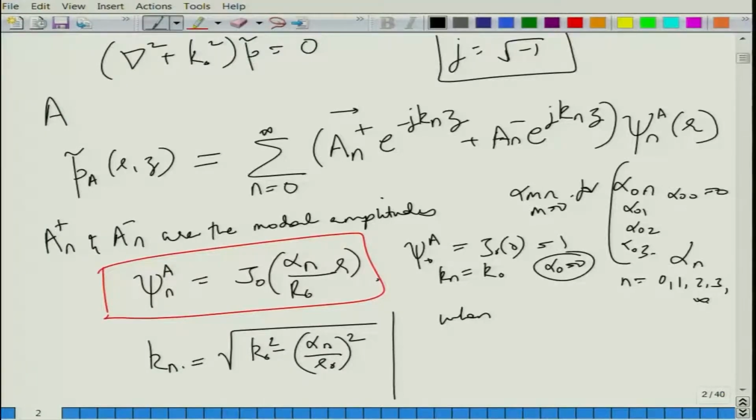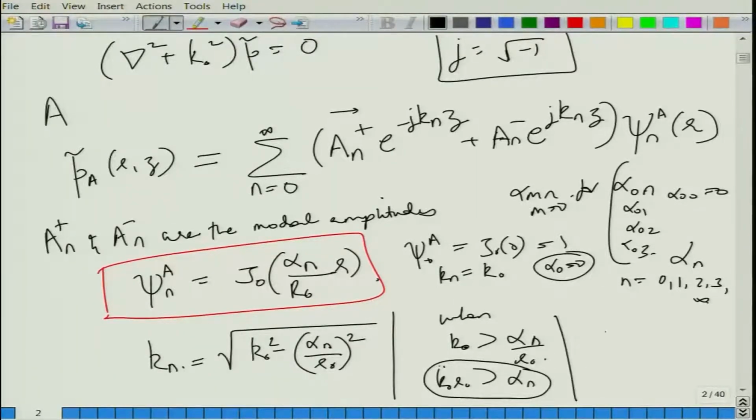Let us have some representation here, and when k naught is greater than alpha n by r, that is, the excitation frequency is greater than this, or k naught r, once you know f naught we can know k naught. So, if the non-dimensional excitation frequency is greater than the non-dimensional resonance frequency of that particular mode, say the first radial mode, then the first radial mode will propagate.